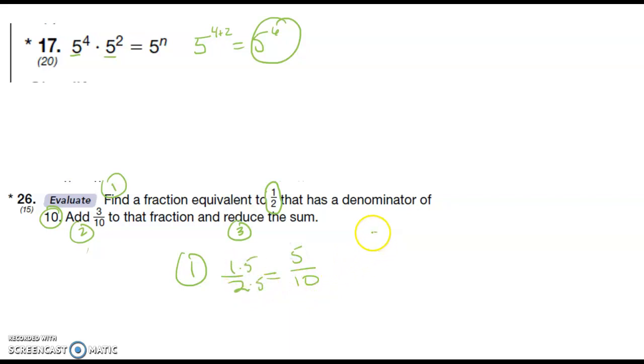So 5/10. Step 2, it says add it to 3/10, my bad. So 5 plus 3 is 8, and we keep the same denominator. Now for step 3, reduce, so let's divide by 2. 8 divided by 2 is 4. 10 divided by 2 is 5.